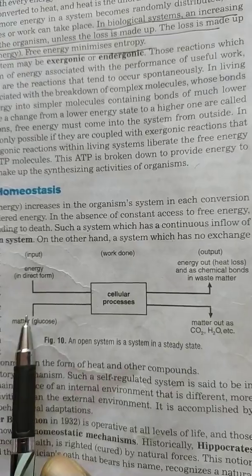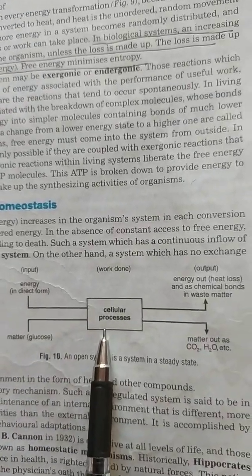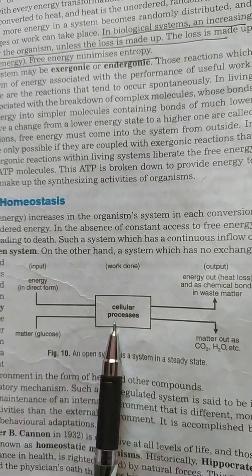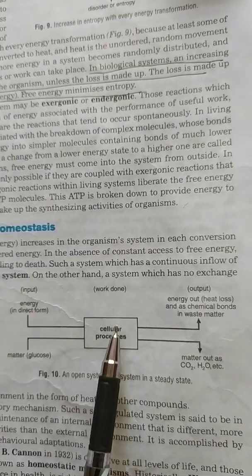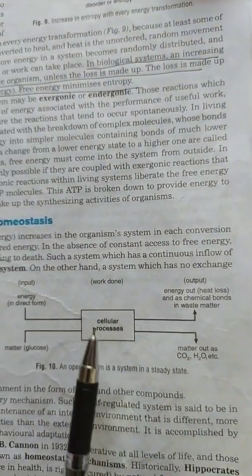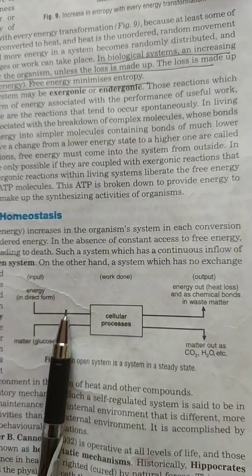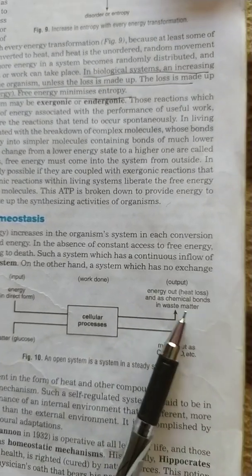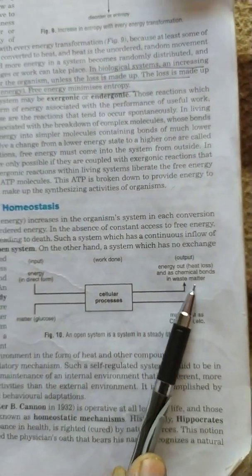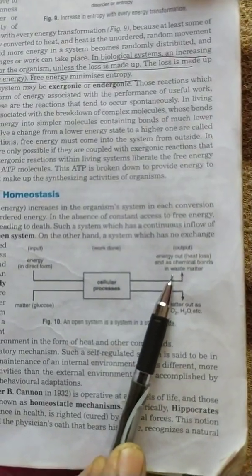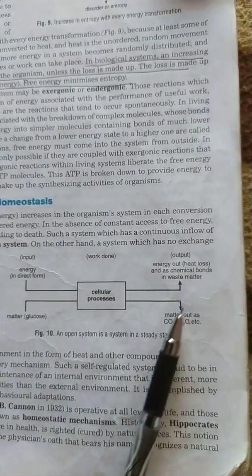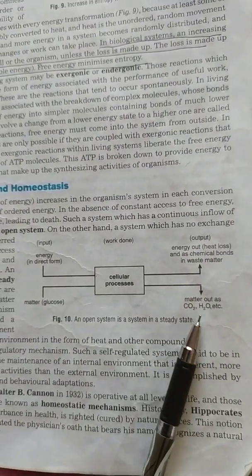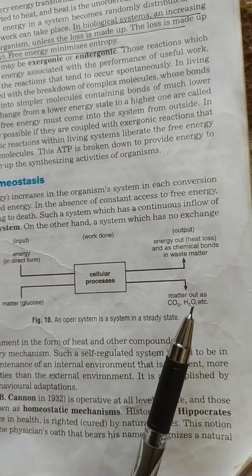Glucose is matter, and this energy which is input into an organism is utilized for various cellular processes in our body to do work, and this then transforms into output energy, which is given out as heat, in chemical bonds, and in waste matter. Also this energy is given out by breaking down of glucose and releasing carbon dioxide and water when we respire.